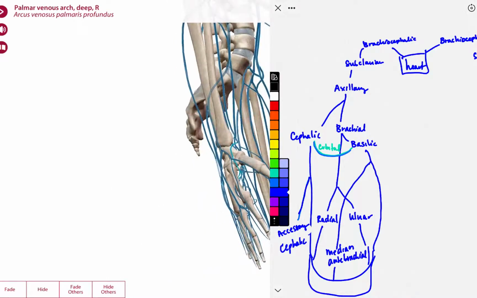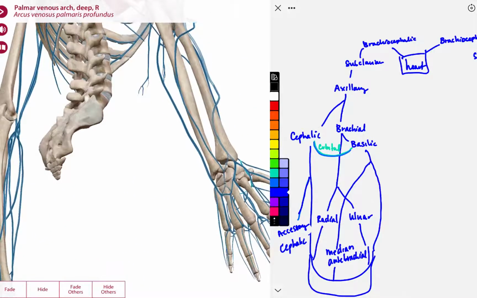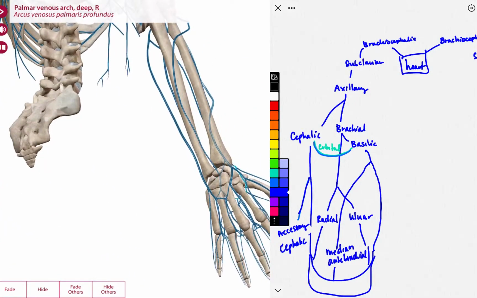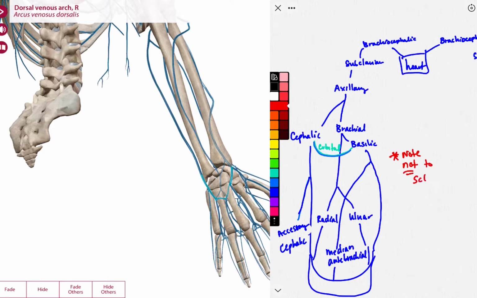Now there are more veins, of course. If anyone has done some time as a phlebotomist, you're probably familiar with some of these dorsal venous arches. That's a very common one to want to hit for an IV or something. That's also going to drain the hands. So basically any of those arches are going to drain those digital veins.